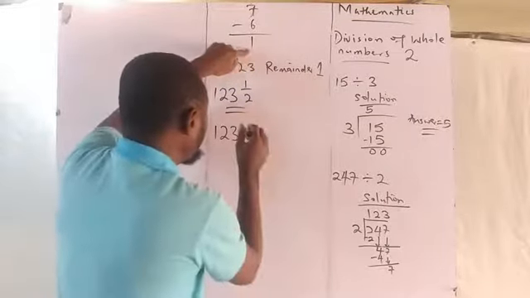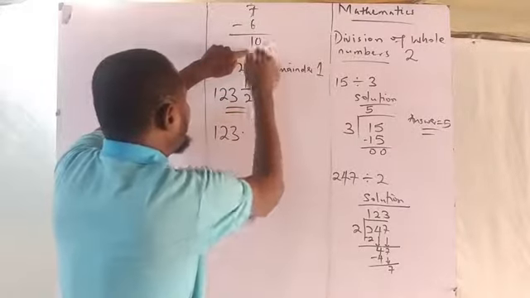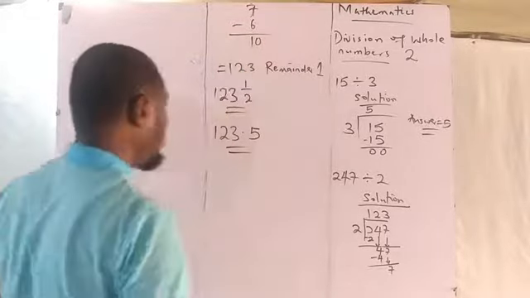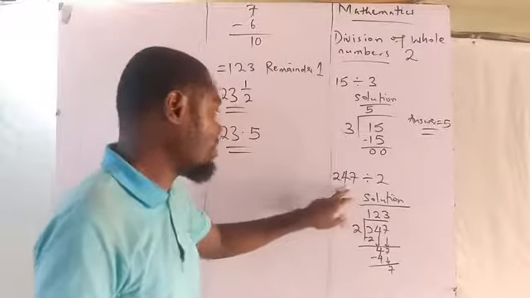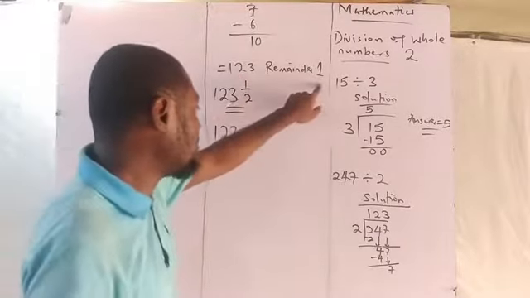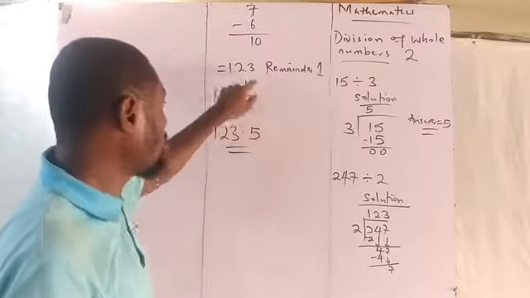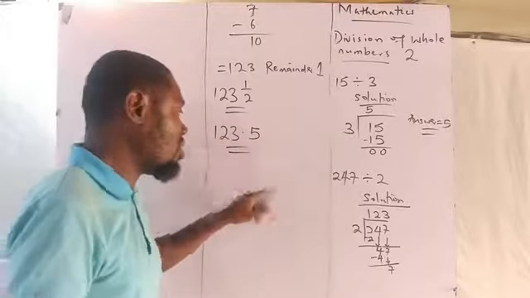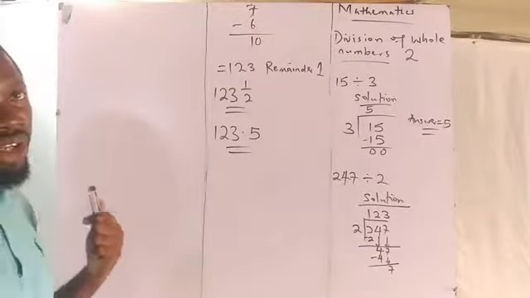Put a dot, your decimal point here, and add 0 to that one. 2 in 10 now will be 5. So your answer is 123.5. So you've divided this number and your answer is 123 remainder 1. In fractional form, 123 whole number 1 over 2. In decimal form, 123.5.